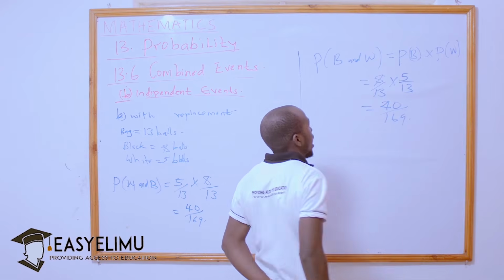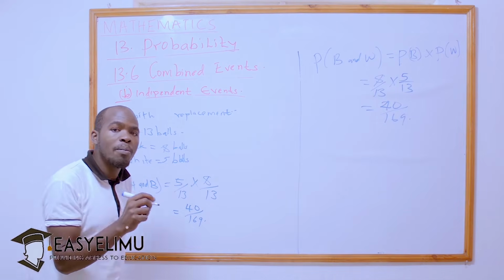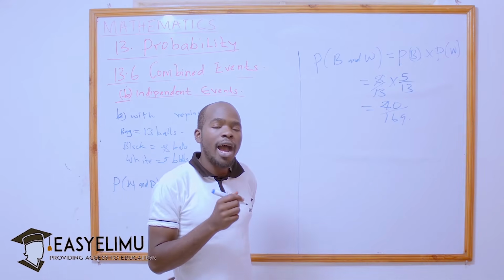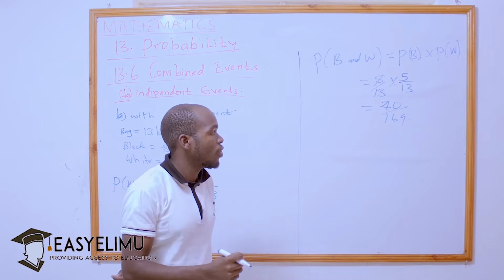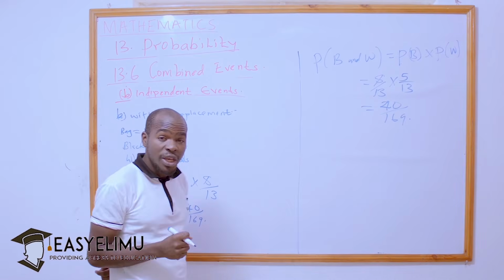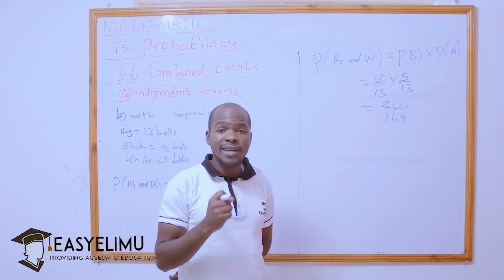Now, the picking of a black ball and a white ball is an independent event, because the first picking of the ball does not influence the second picking.